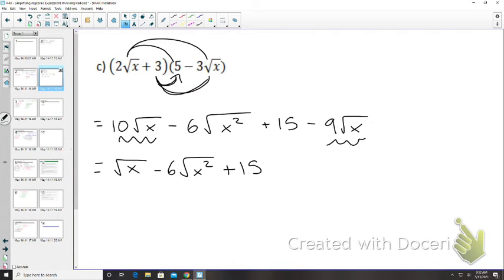We need to simplify this to reveal what our restrictions will be. So root x, we're just going to leave that one alone, not much we can do there. Minus 6, and to get x squared we have x times x, plus 15.